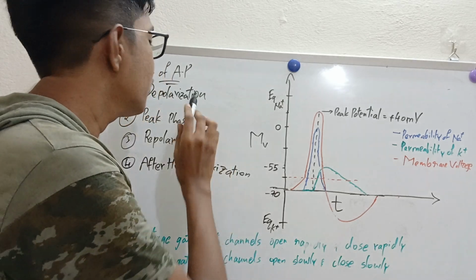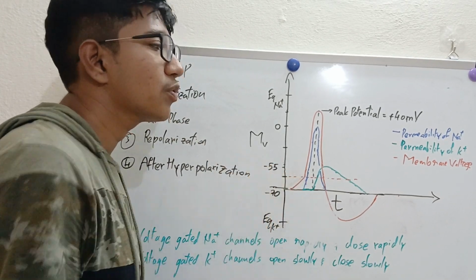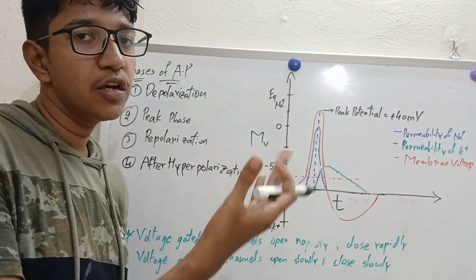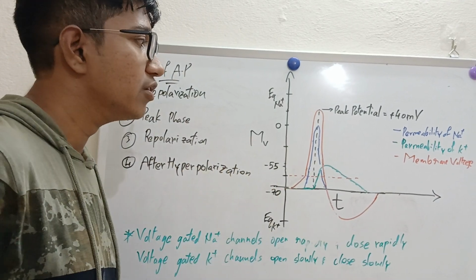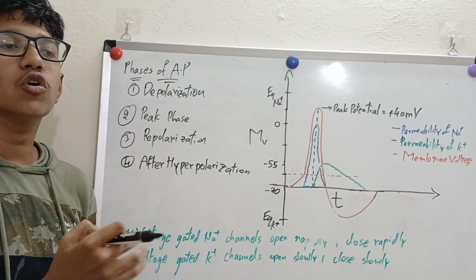So, when we say depolarization, that is here, at the threshold potential, the voltage gated sodium ion channels open. This results in the rapid inflow of sodium ions, which causes depolarization of the cell membrane. That is, the cell membrane turns more positive.